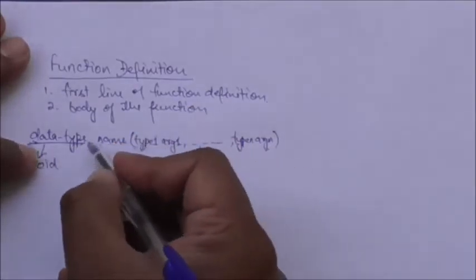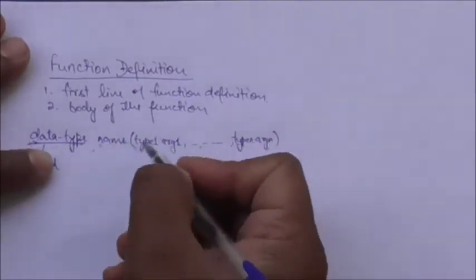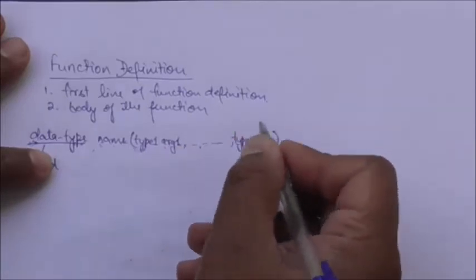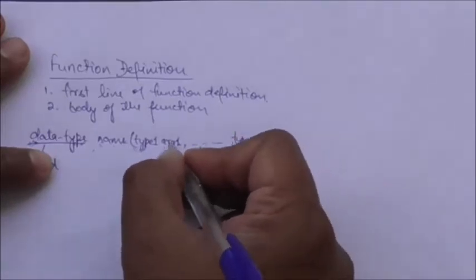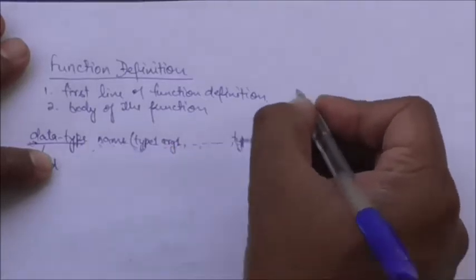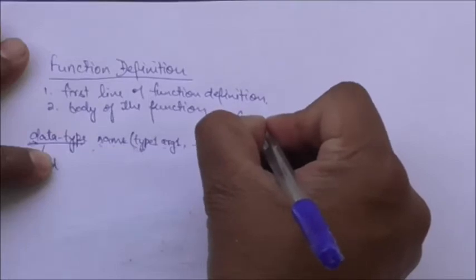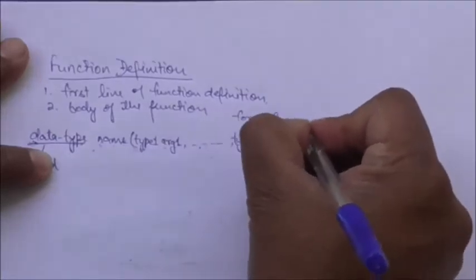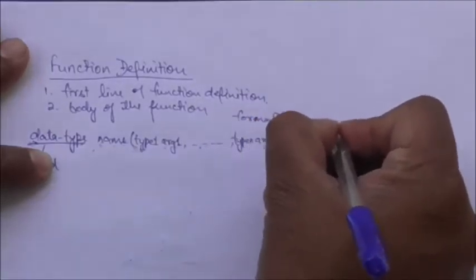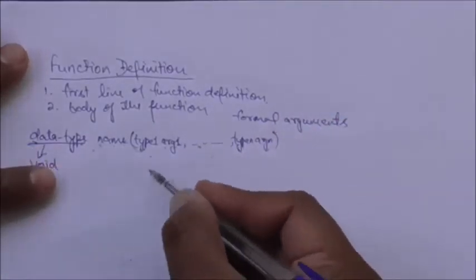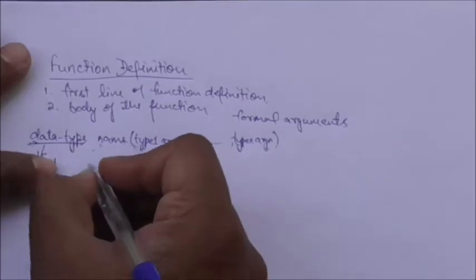This is how the first line of the function definition is written. These arg1, arg2 specify the arguments. These arguments are also called formal arguments, formal parameters, or simply parameters.